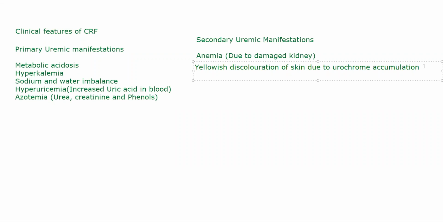That will lead to hypervolemia. Hypervolemia can cause several problems. Initially, because of fluid imbalance, there is hypervolemia. Hypervolemia will cause hypertension. Obviously, if there is an increased amount of blood in your blood vessels, blood pressure will increase.